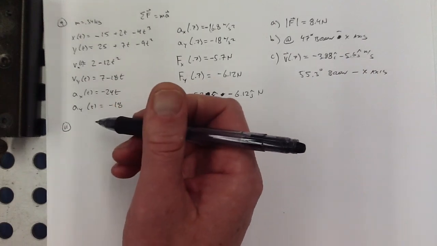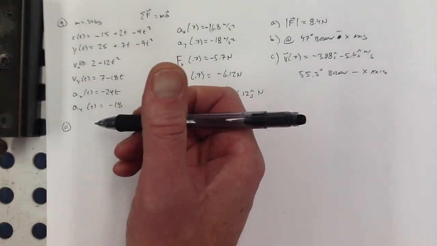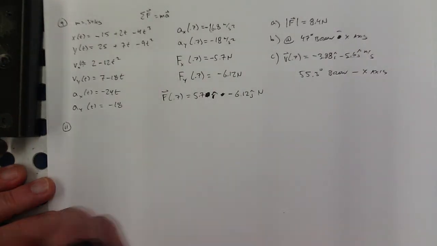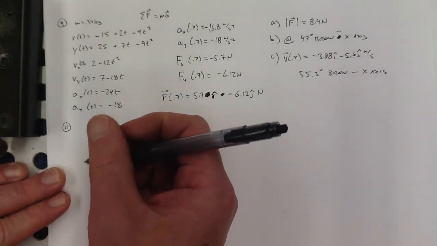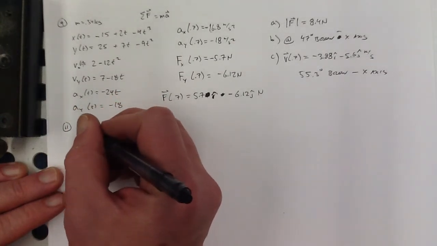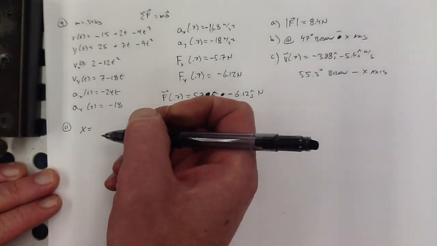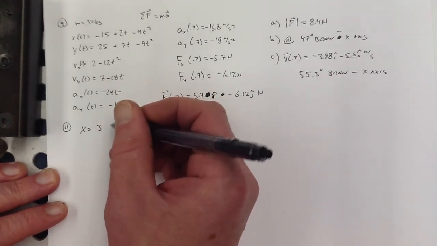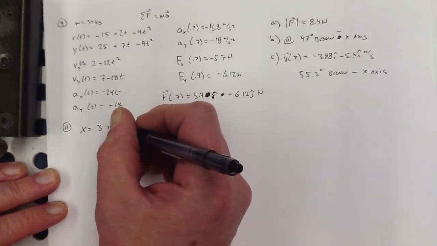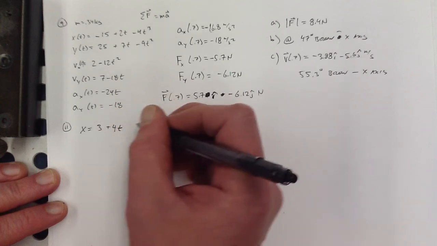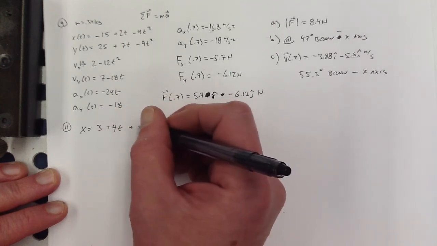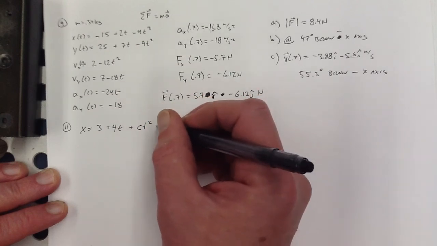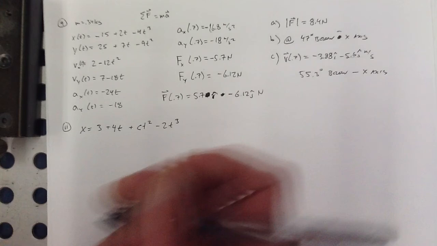Number 11, a 2 kilogram particle moves along an x-axis being propelled by a variable force, and its position is given by, we have, this is just one-dimensional here, so I just have x, only horizontal position, plus 4t plus ct squared minus 2t cubed.